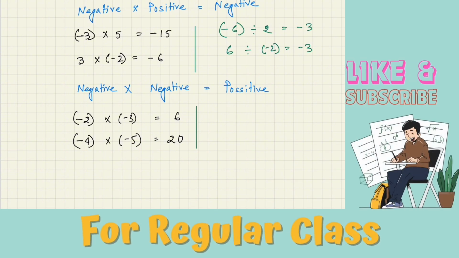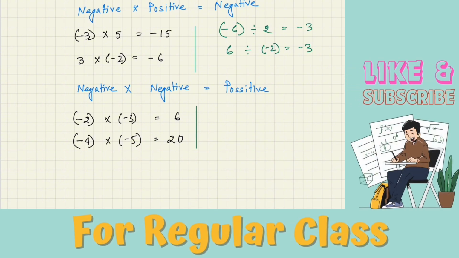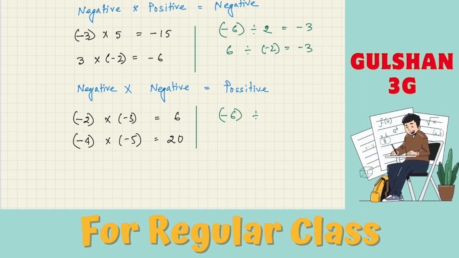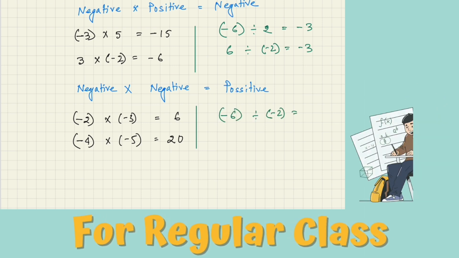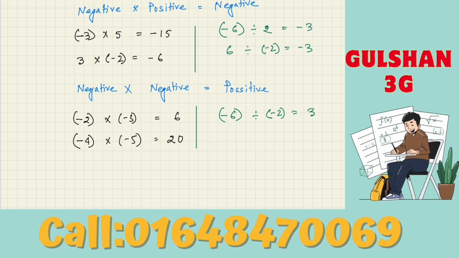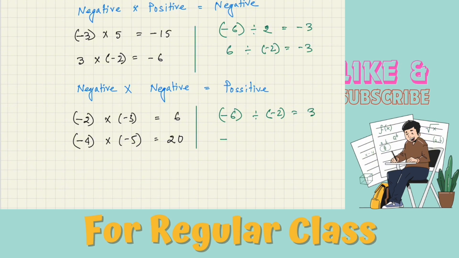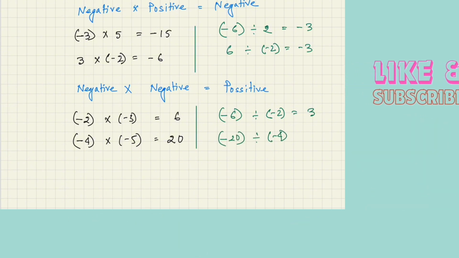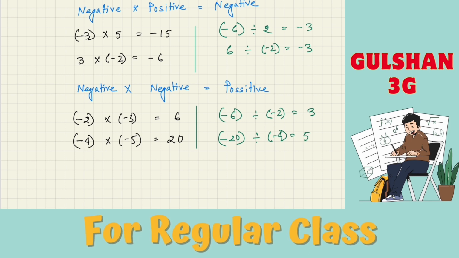Similarly, if both numbers are negative, the result will be positive. Like if we divide minus 6 with minus 2, the result will be 3. If we divide minus 20 with minus 4, the result will be 5.